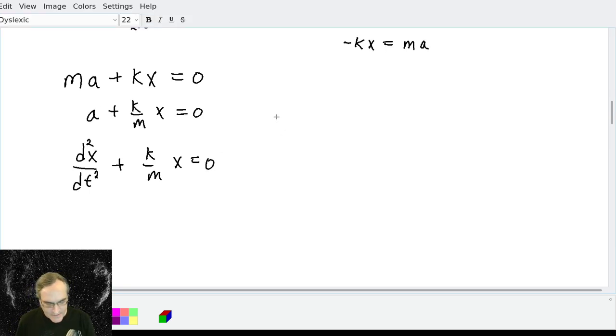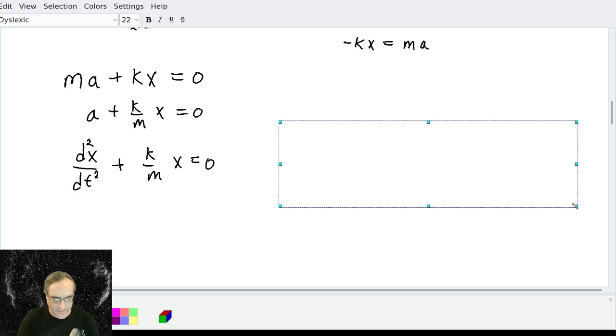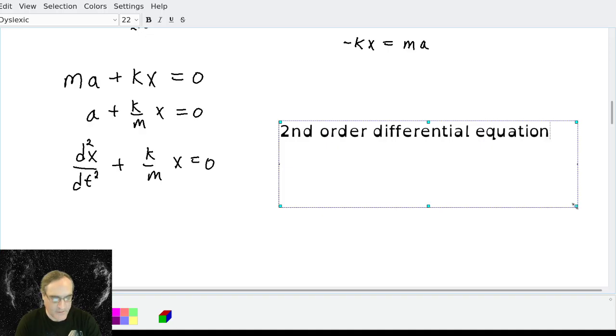Now, this is interesting because we've seen things that look a little bit like this before. This is a second order differential equation. All the other ones we've done so far have been first order, so this represents something that is significantly harder. You won't really be taught how to solve these until you take a differential equations class, or specifically this type if you watch a video I'll be posting related to it.